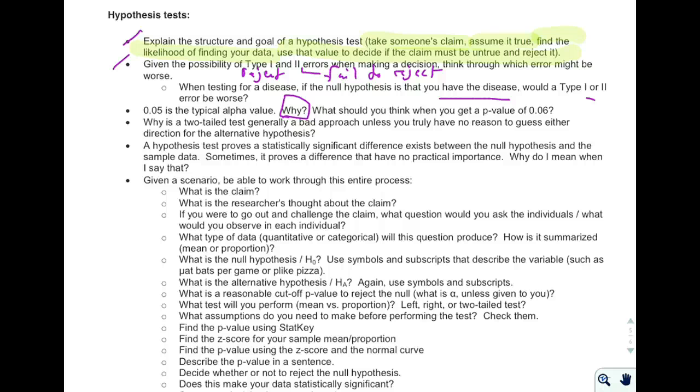10%, like, oh, that could still happen. 5%, now I'm really suspicious. It's an arbitrary number. So a p-value of 0.06 is almost as good. You should be really suspicious about being right when you get something that's 0.06. If you get 0.04, you shouldn't be like, oh, I've proven everything beyond all doubt. No, it's kind of a sliding scale.